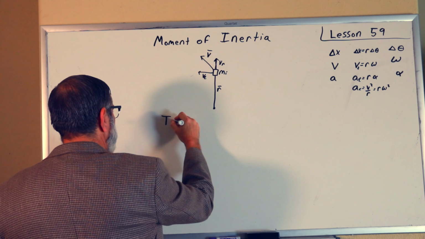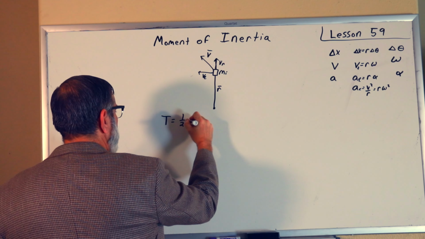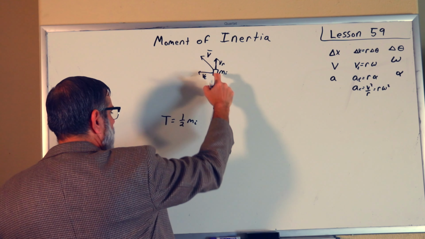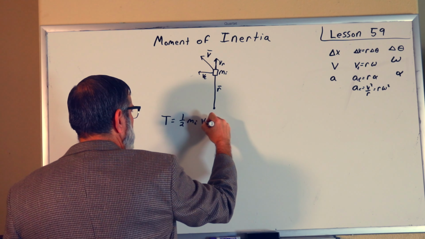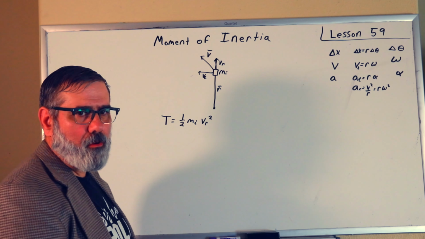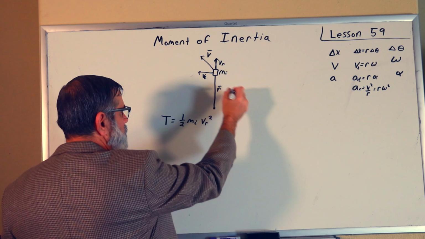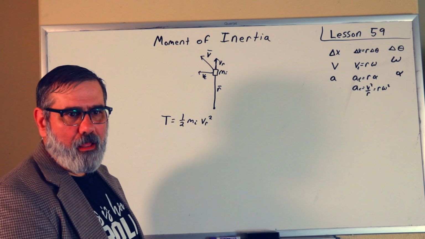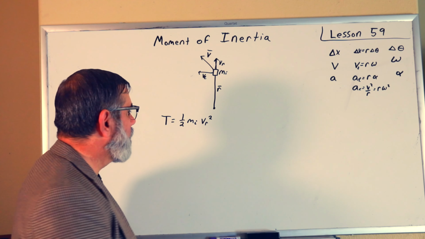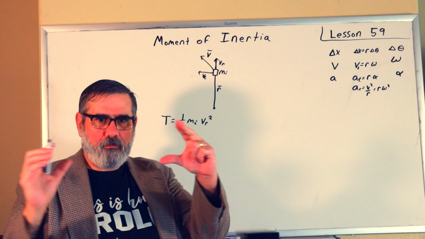Well, the kinetic energy, T, is going to be equal to 1/2 the mass m sub i, this little particle here, times v sub r squared. This will be the component that contributes to the motion of the center of mass. Because remember, there's a whole bunch of them, and this is the component that will contribute to the center of mass motion, that is, if the whole object is moving.